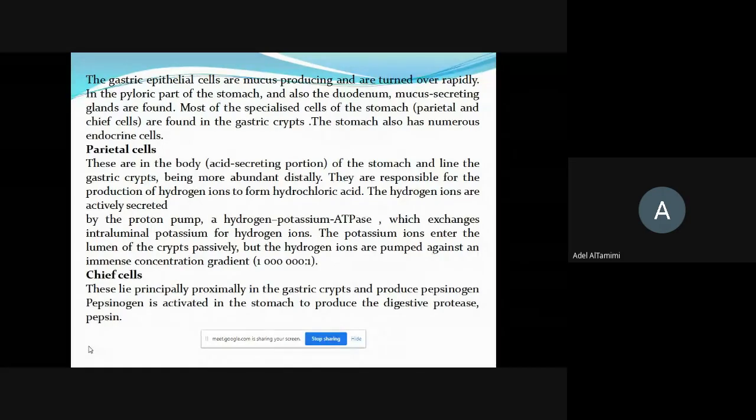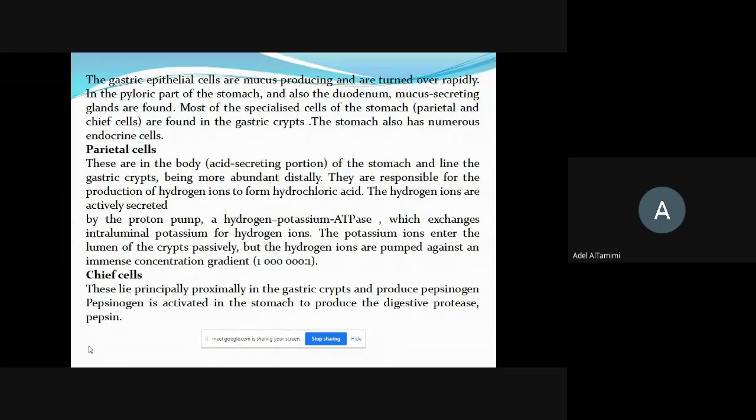This pump takes the potassium ions and secretes the hydrogen ions instead. The potassium ions enter the lumen of the crypt passively, but the hydrogen ions are pumped against an immense concentration gradient equivalent to 1 million to 1. The concentration of the hydrogen ion within the mucosa is 1, and in the lumen is 1 million.